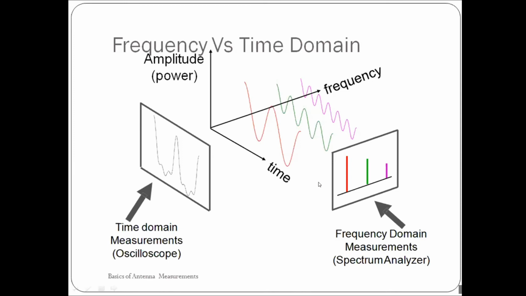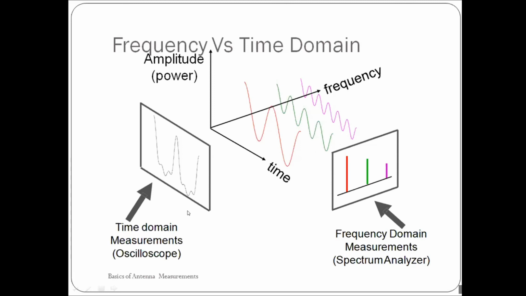But for the frequency domain, you can measure a number of frequency components with the help of the spectrum analyzer. This is what you are seeing: one signal, second signal, third signal. So three frequency measurements are possible with the help of the spectrum analyzer. We can directly measure the frequency. Here, x-axis is the frequency, y-axis is the power for the spectrum analyzer.